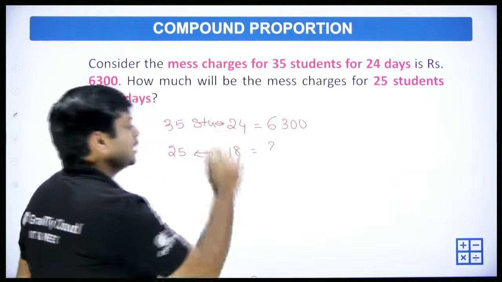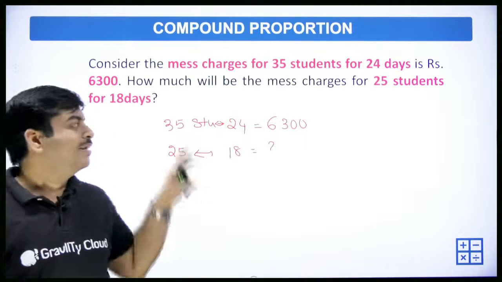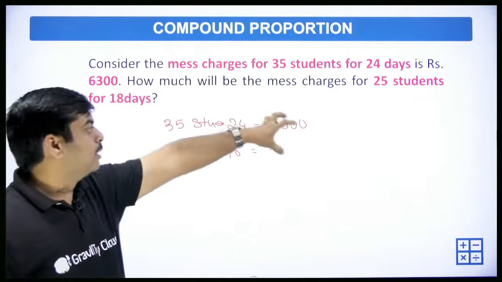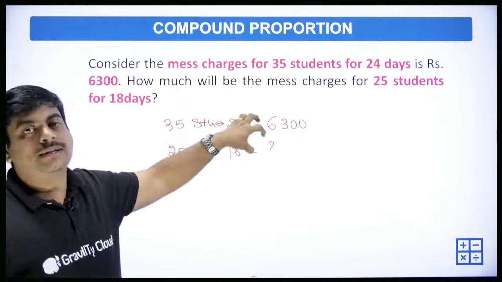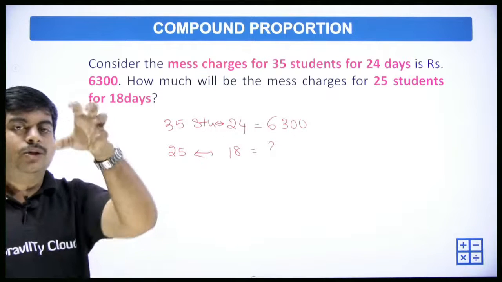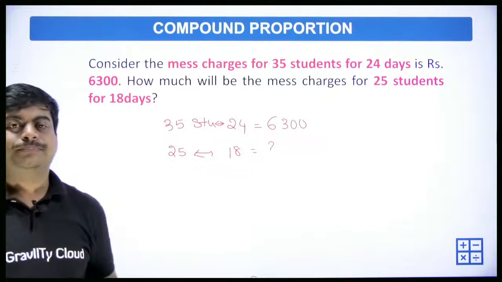See, now what's happening? Are we having only one quantity, or are we having 3-4 quantities? We're having 3 quantities: the cost, the students, and the number of days. Everything is being changed. One may be in direct proportion or inverse proportion with the other two. That we don't know.